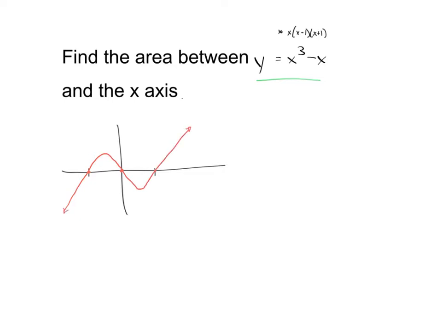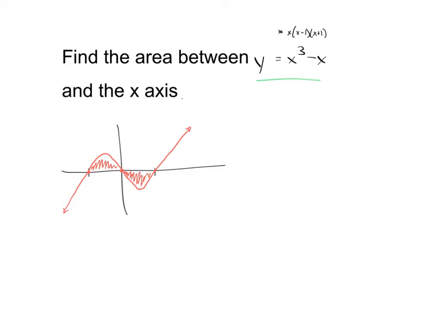Cool. All right. And so this graph absolutely has some symmetry to it. And it says in the problem, find the area between that curve and the x-axis. We can see down here we have a little bit below the x-axis, and over here we have a little bit above the x-axis. So that's what we're finding the area of right now.